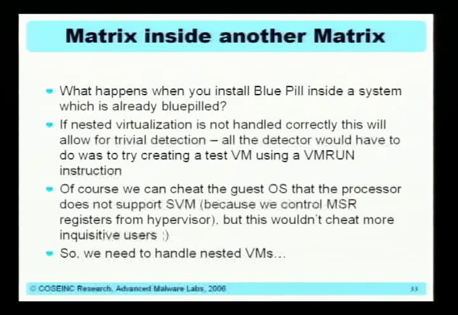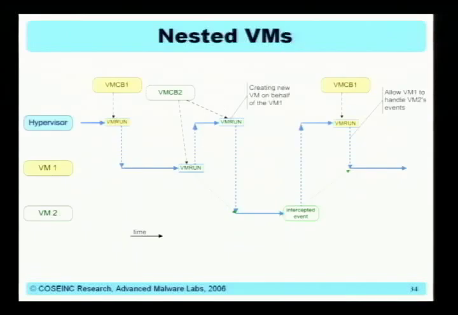Of course, the easy way for cheating is just to intercept CPUID, just like Dino said, and just pretend to the operating system that this processor doesn't implement SVM, but again, this is very easily detectable by a user who is aware that she actually bought an SVM capable processor. So we need to handle nested VMs.